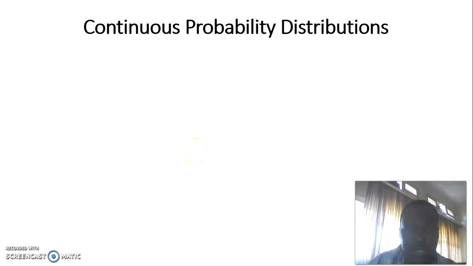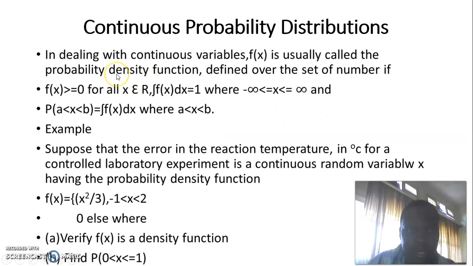Continuous probability distributions. In dealing with continuous variables, f of x is usually called the probability density function defined over a set of numbers.